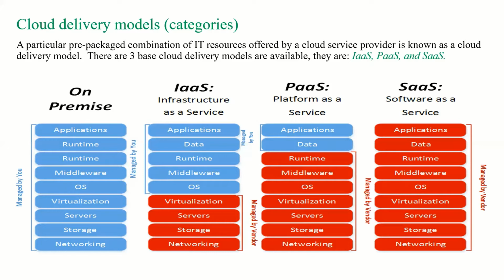The next 3 models, that is infrastructure as a service, platform as a service, software as a service, fall under off-premises cloud data centers. It is famously referred to as the cloud data centers. So on-premises data centers are what we own.